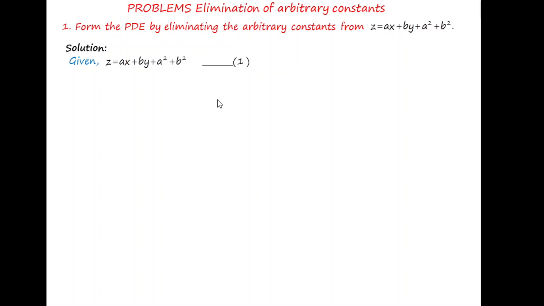Before starting with this problem, we can predict the order of the resulting PDE. This is possible using the arbitrary constants and the independent variables. In our problem, the number of arbitrary constants is 2, which are a and b, and the number of independent variables is also 2, which are x and y.